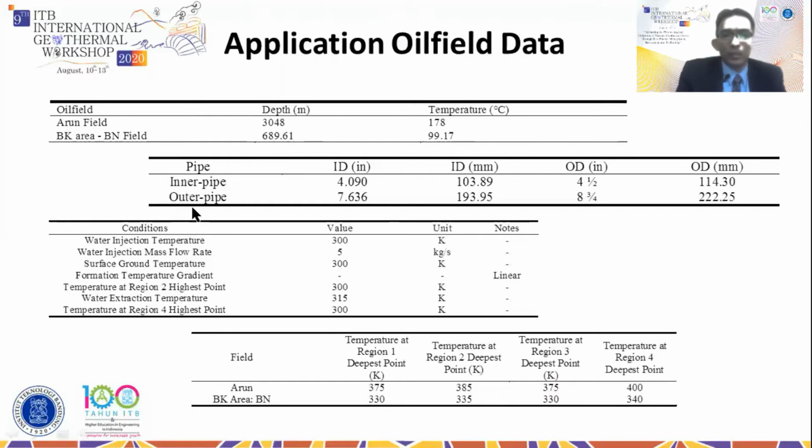The diameter of the inner pipe is given here. This is the first column for the Arun, the second for the BK area. Also the water injection temperature and water mass flow rate are obtained here. And for the BK field, we have other information like the temperature at the deepest point at regions 1, 2, 3, and 4.